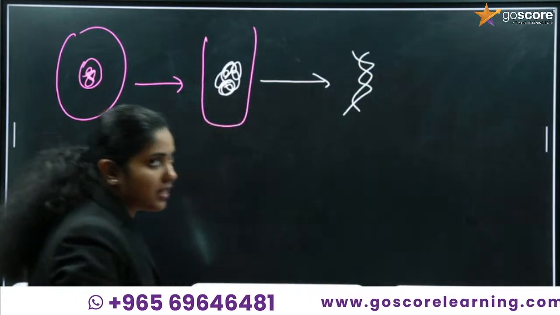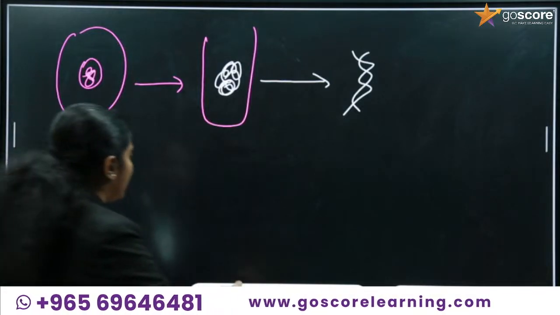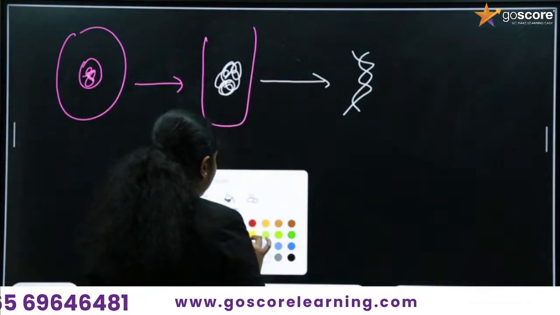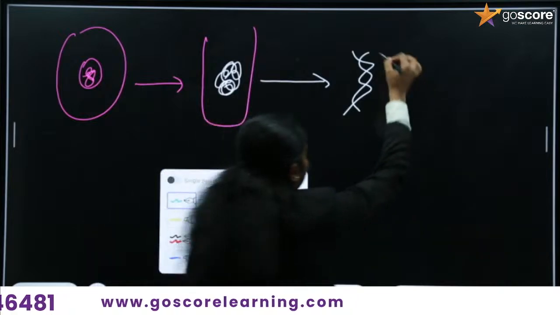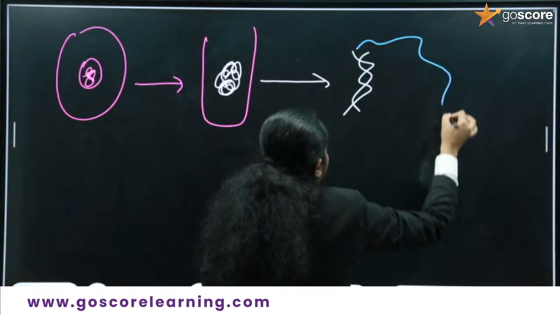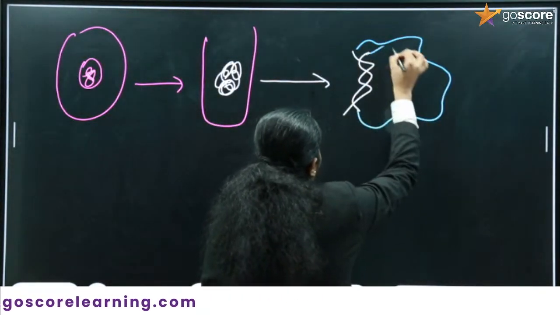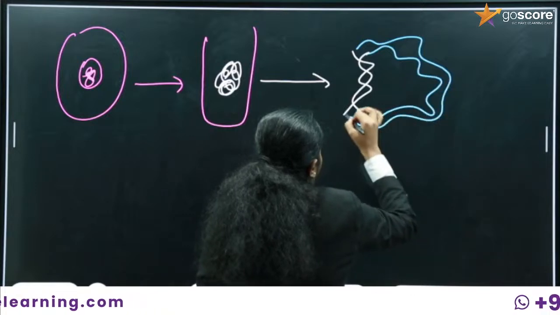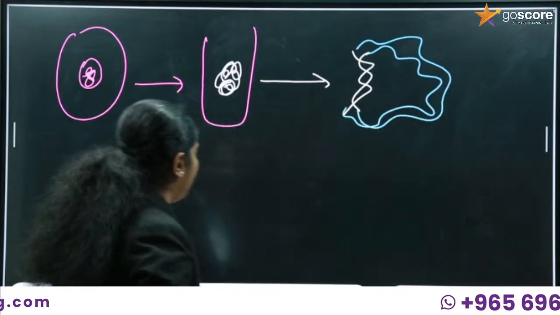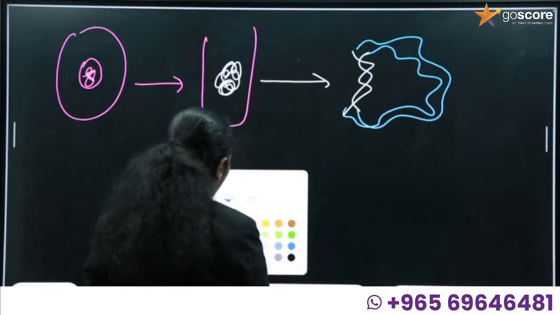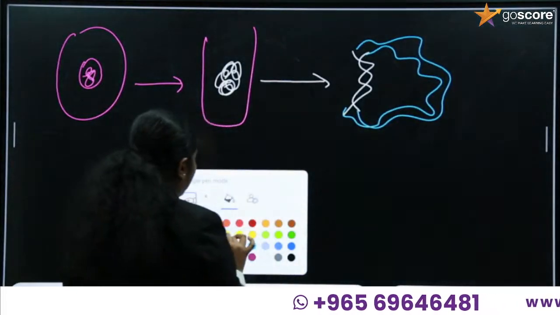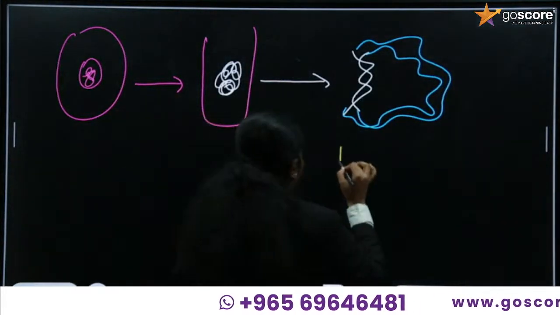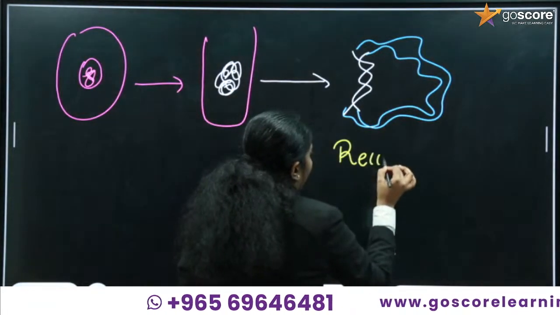Then this desired DNA is connected with the other DNA, that is the vector DNA. And now we get a recombinant DNA.